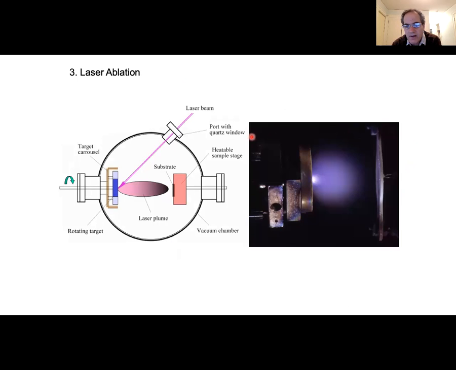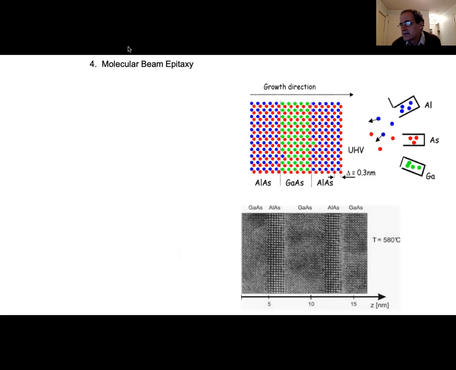And now there's one more of these, which is going to turn out to be the most important technique for our discussion. This is called molecular beam epitaxy. And this is a very, very highly controlled type of evaporation. In molecular beam epitaxy, we have typically a set of different sources. And these sources are carefully temperature controlled, and they're equipped with shutters so that we can switch them on and off.